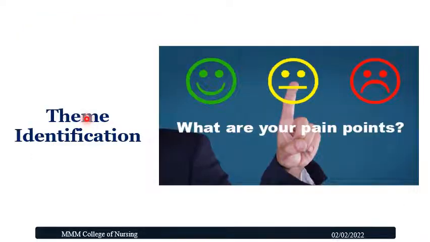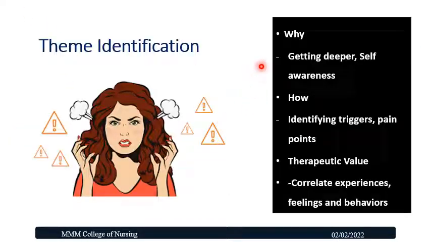Theme identification involves identification of underlying issues or problems experienced by the patient that emerge repeatedly during the course of the nurse-patient relationship. Why is it practiced as a therapeutic communication technique? For getting deeper self-awareness. How is it practiced?